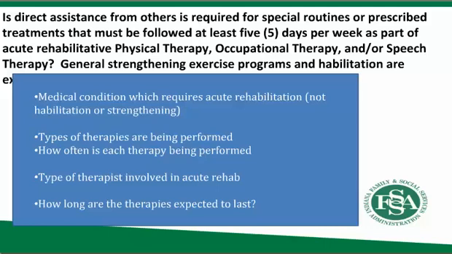So you're getting a lot of additional information that fills in some of the background around the assessment tool. But you're looking at those questions to determine whether this is a situation where they need direct assistance from others for some sort of therapies or treatments that are acute and rehabilitative in nature and that must be followed at least 5 days per week.